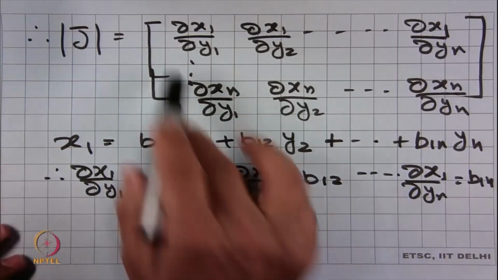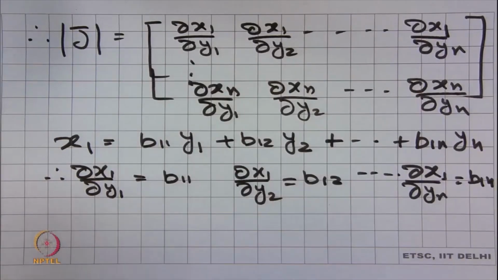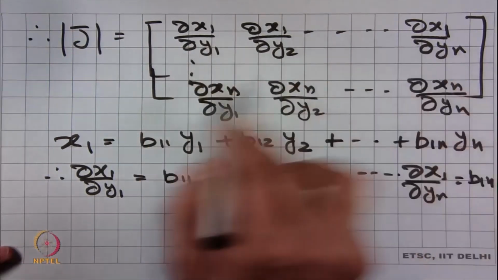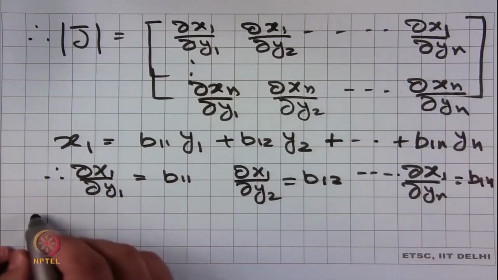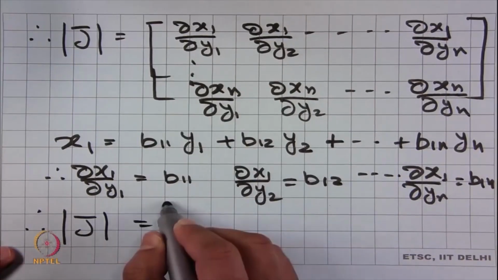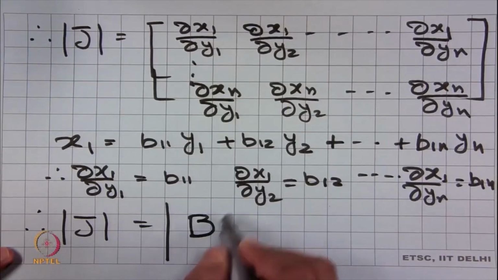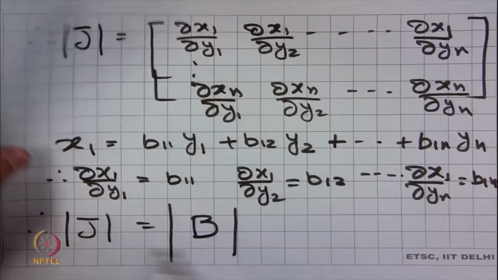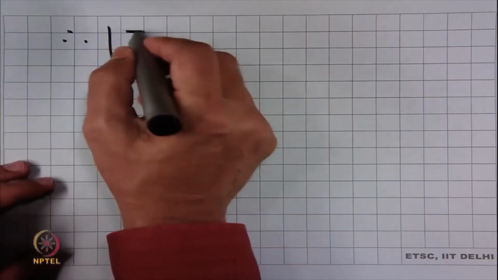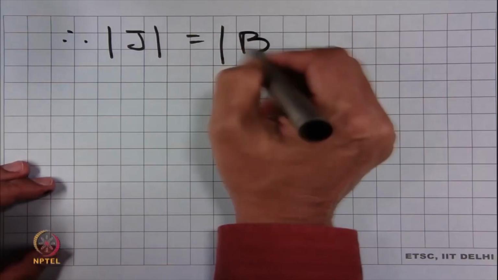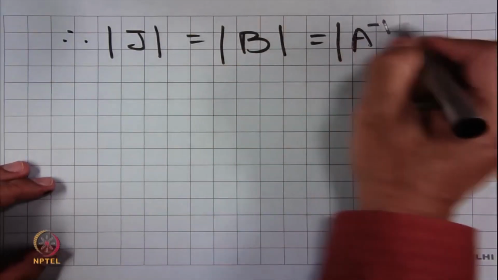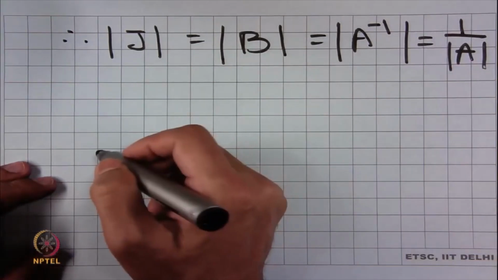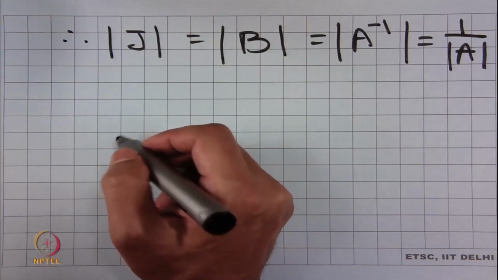Or in other words, the first row of the Jacobian matrix is going to be the first row of B. In a similar way, we can see that this Jacobian matrix J is nothing but the matrix B. Therefore, the Jacobian of the transformation is equal to determinant of B, which is equal to determinant of A inverse, which is equal to 1 upon determinant of A. So, this is a very interesting observation.